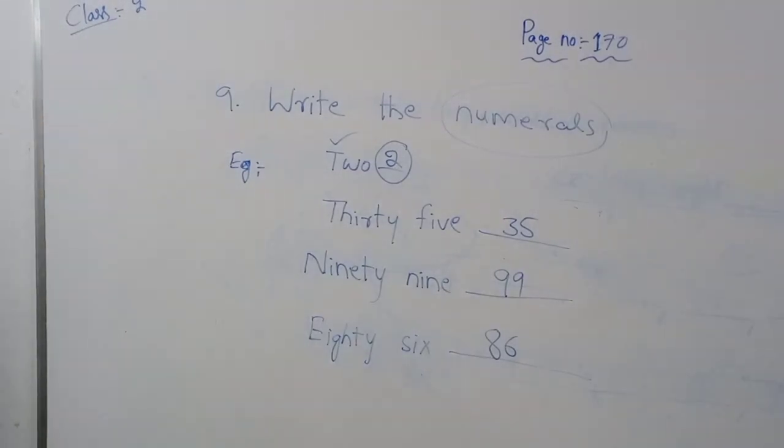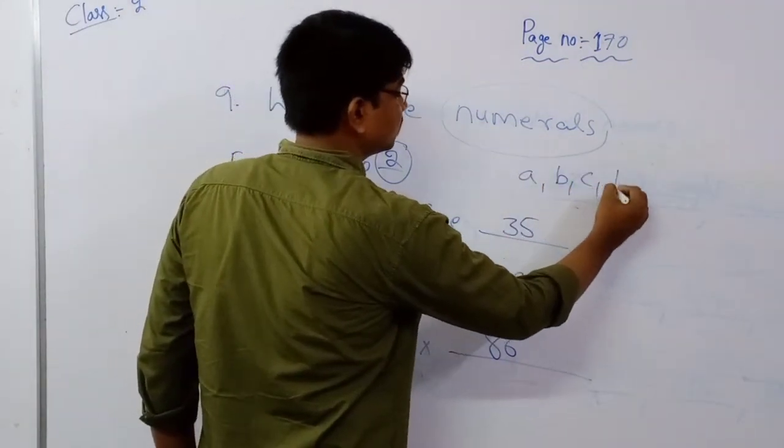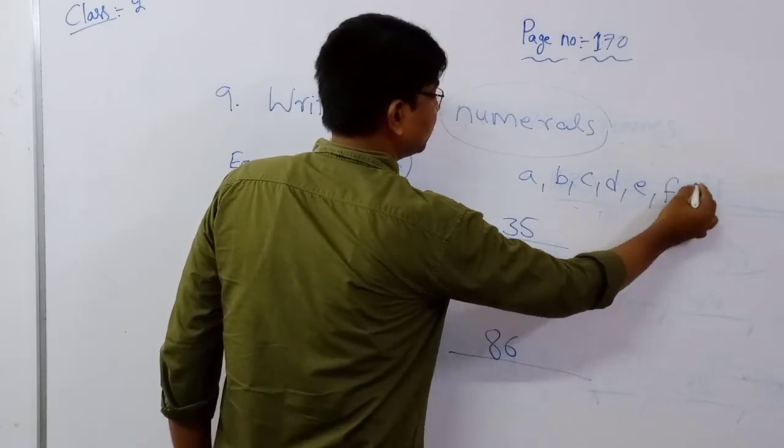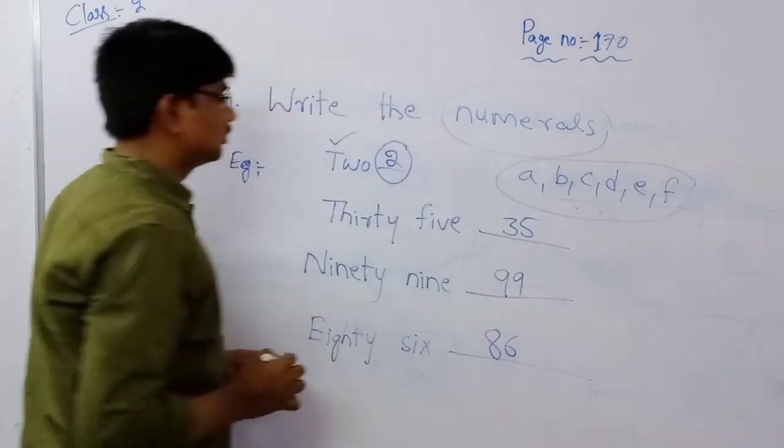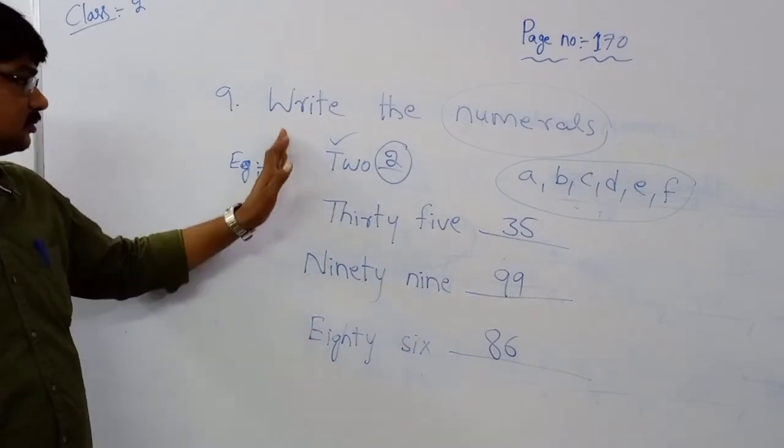Page number 170. 9th question. There are 6 problems given: A, B, C, D, E and F. What is the process? You know very well, right?